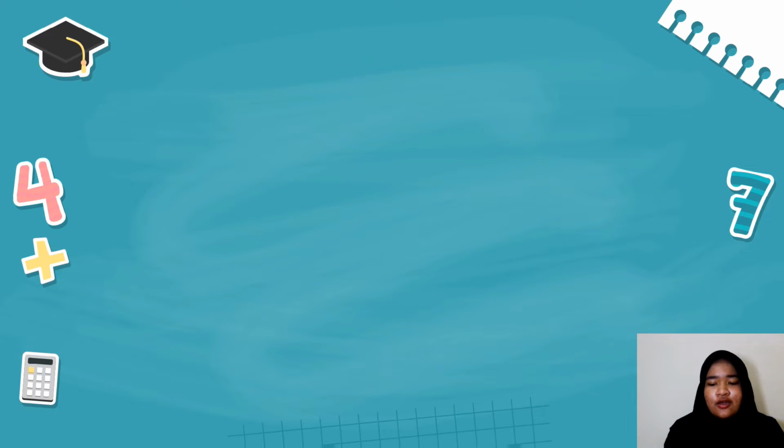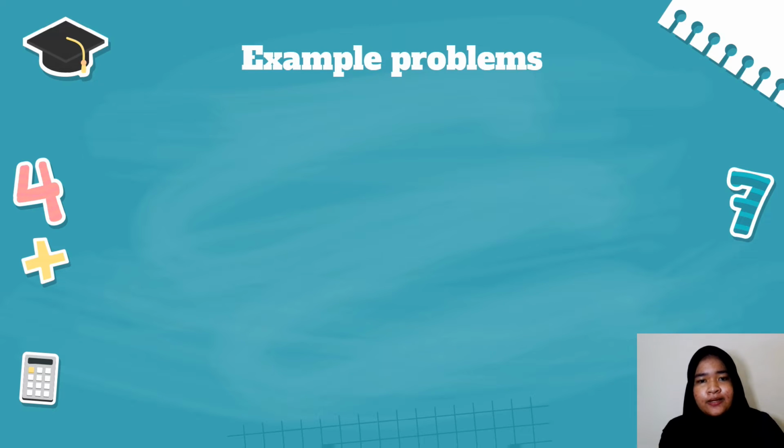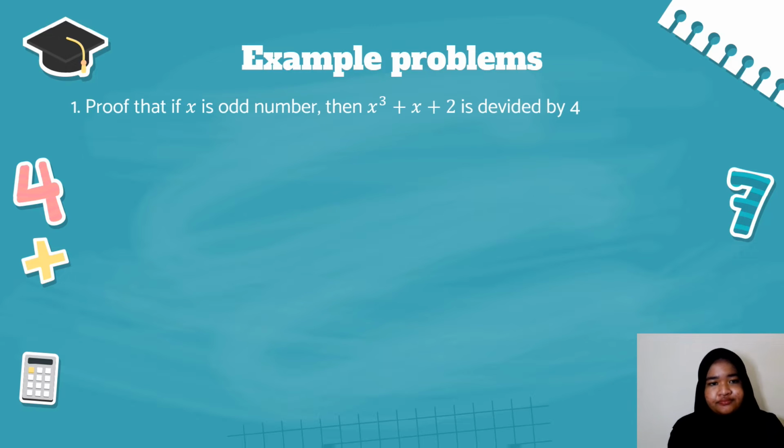Okay, we are going to talk about example problems of basic proof technique. First, prove that if x is an odd number, then x power 3 plus x plus 2 is divisible by 4. From this problem, we are given x is an odd number.